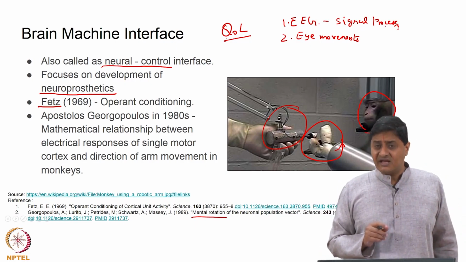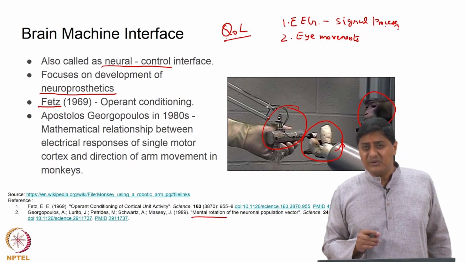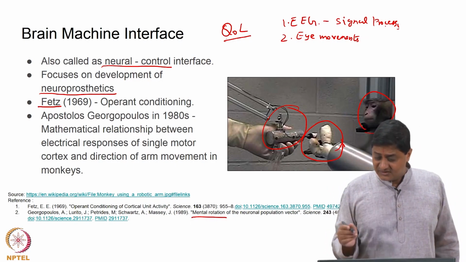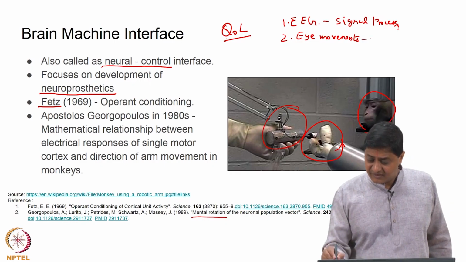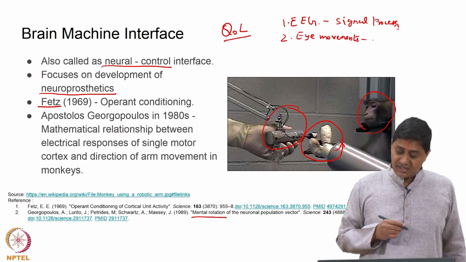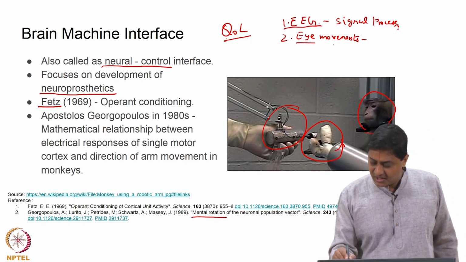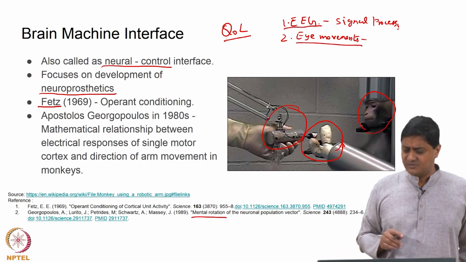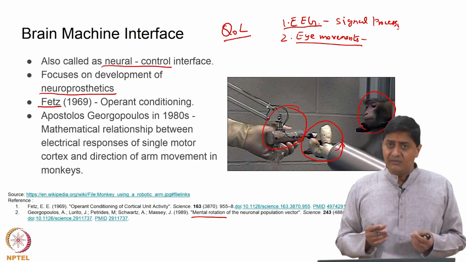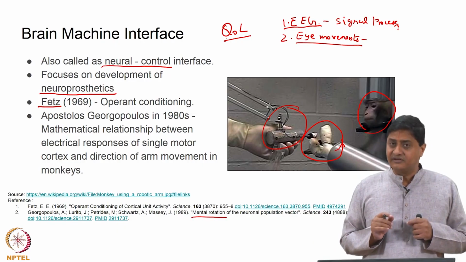But from these, can we perform relatively complicated movements? It is an open question. Similarly, with eye movements, there are multiple artifacts that could happen either with the EEG or with eye movements. Multiple challenges exist in terms of how to use this for real practical brain machine interfaces.